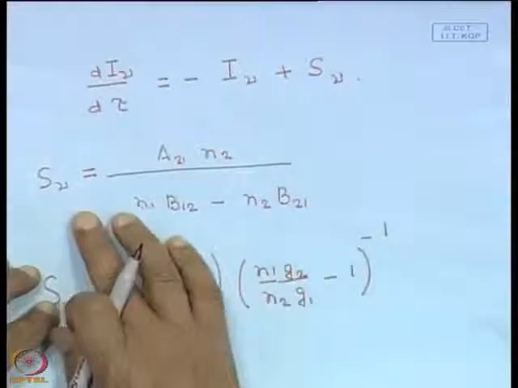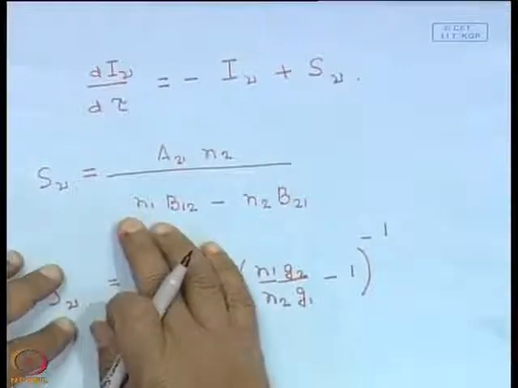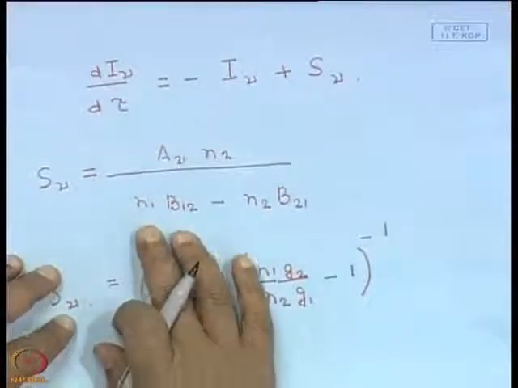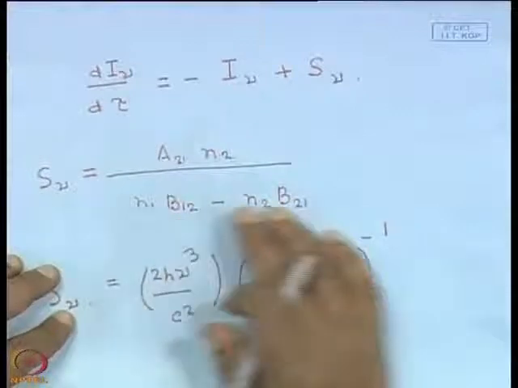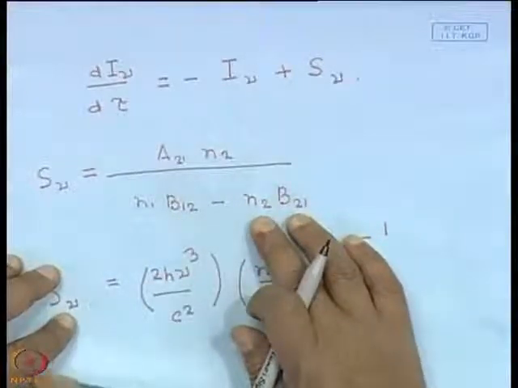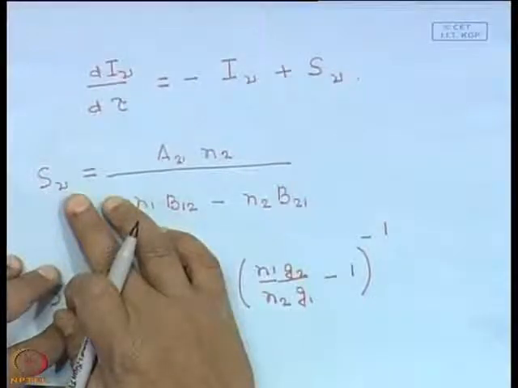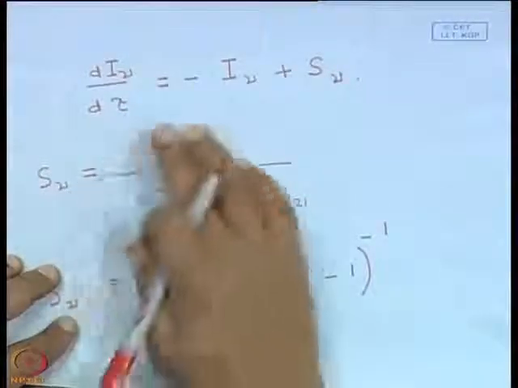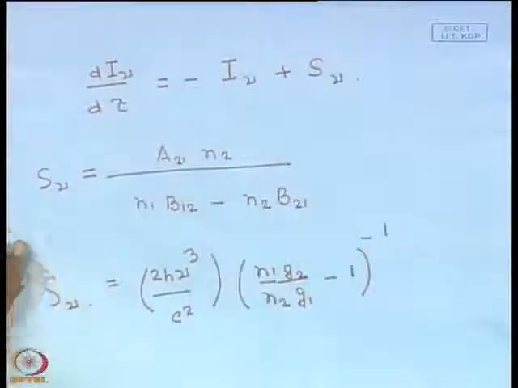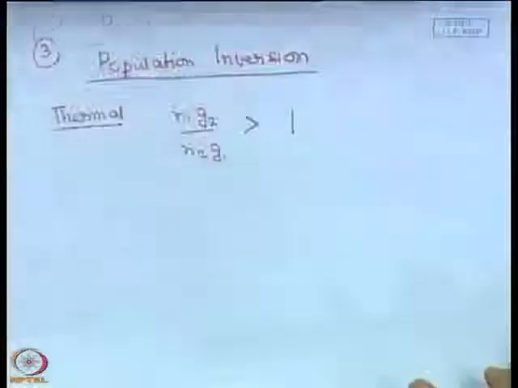When I have some incident radiation, the absorption of that radiation occurs at a rate faster than the radiation is able to stimulate emission, and the source function is positive, and you have the normal situation in these materials.